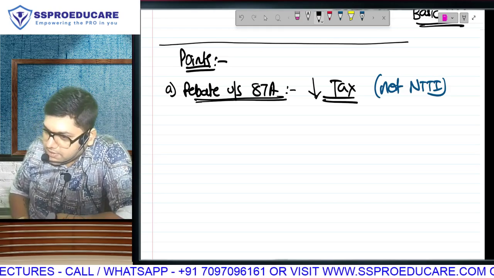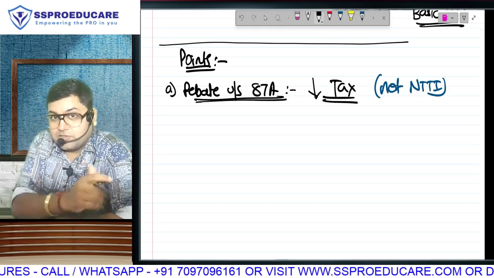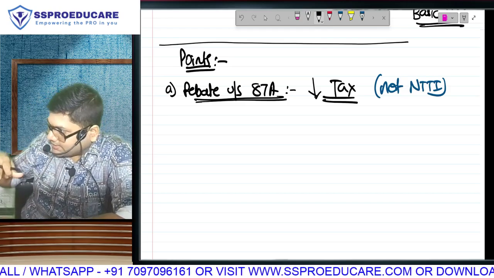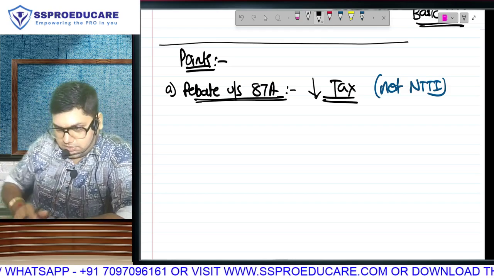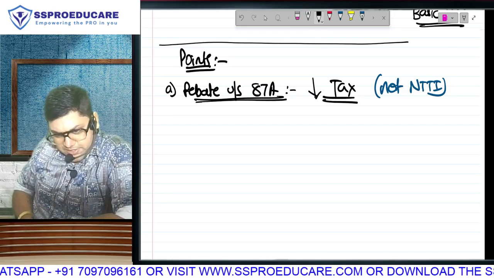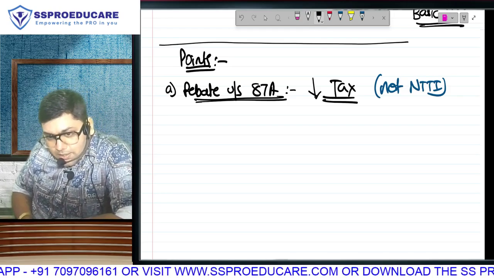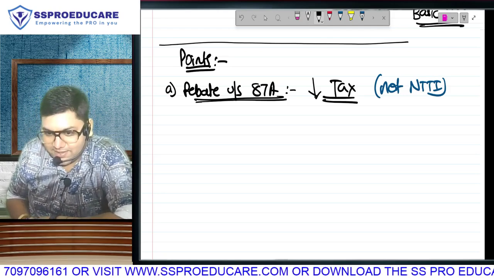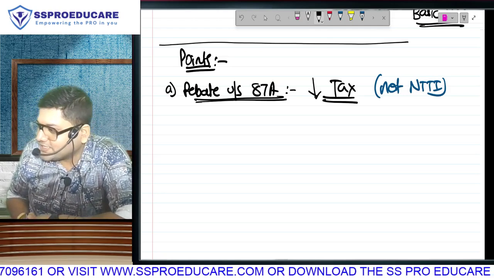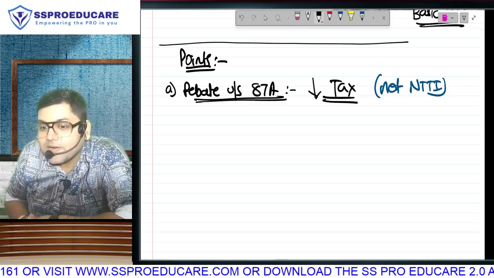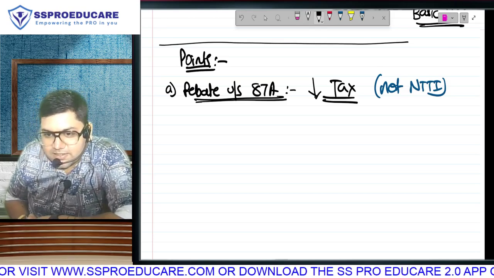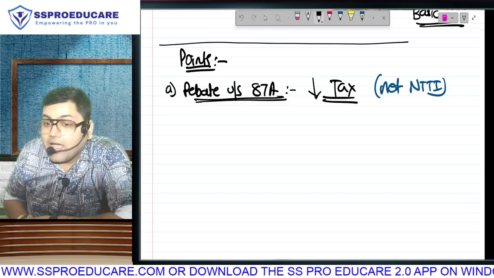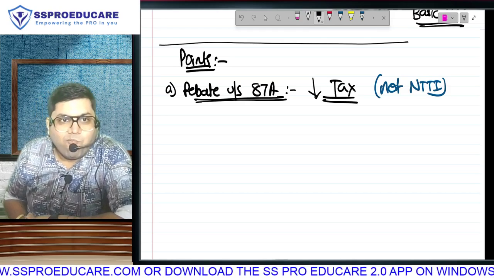Start dancing. And while you are dancing, you have to ask two questions. Think about it as a taxpayer. Your chartered accountant is telling you your tax will be reduced. Do you have any question? Quantum of rebate.